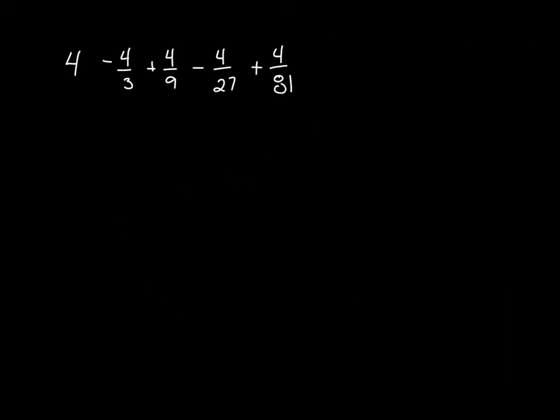So I want to do the same thing with this. I want to find the sum. Let's label everything. This is term 1, and this is the second term, the third term, the fourth term, and the fifth term.